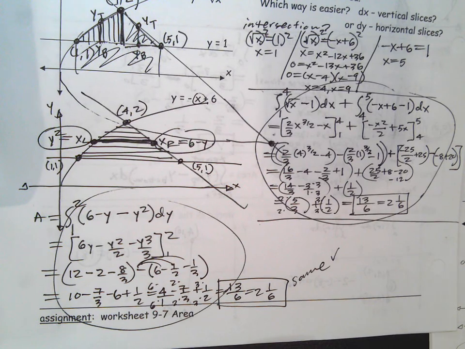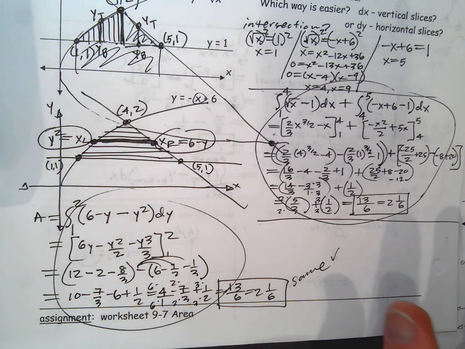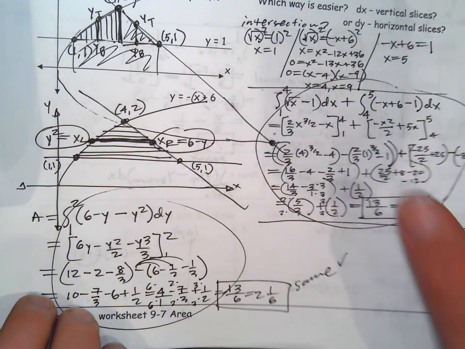And it's going to take a while to get used to this horizontal slicing idea, but it's going to pay off and just be easier work. Same ideas. It's a little weird because you've never even considered it. You're just used to the other way, and you just don't even think of it. So try the assignment, worksheet 9-7.